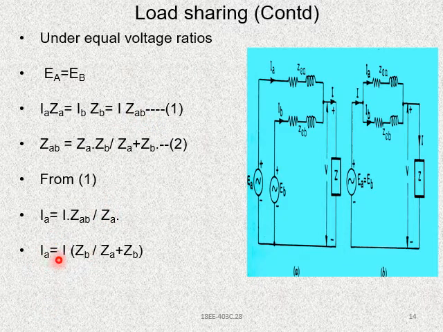Now when we consider IA is equal to I into ZAB by ZA, that gets ZB by ZA plus ZB. IA is equal to I into ZB by ZA plus ZB.